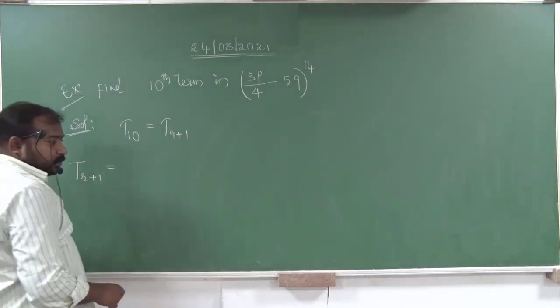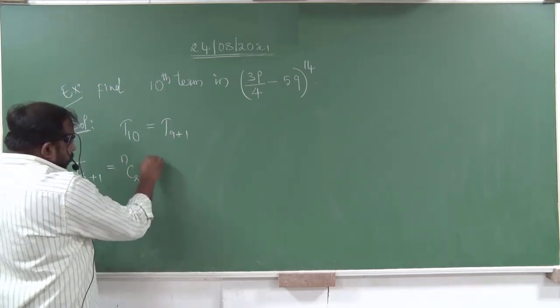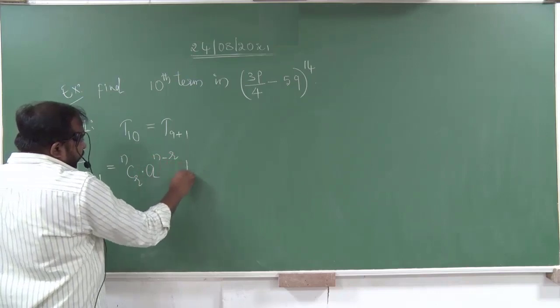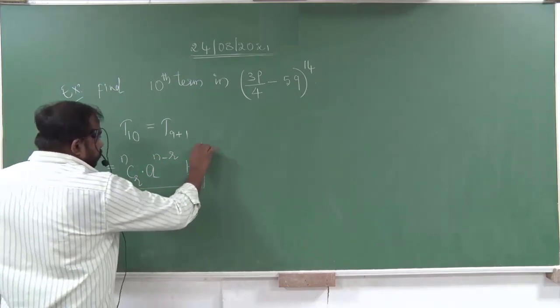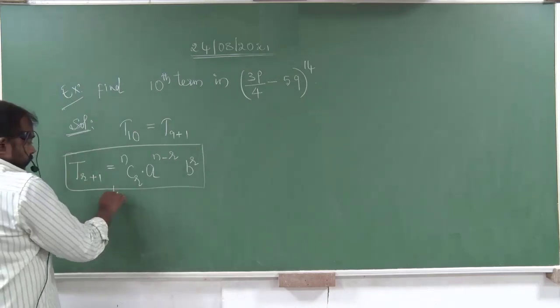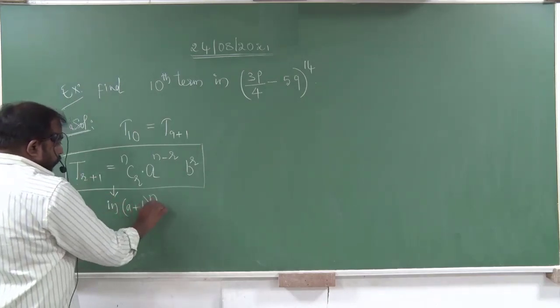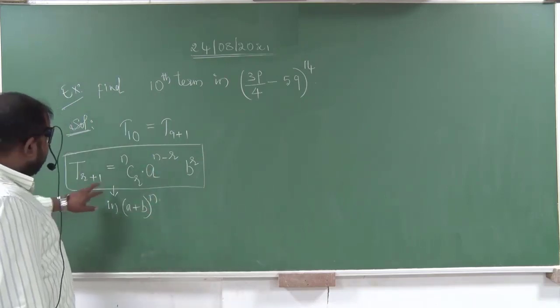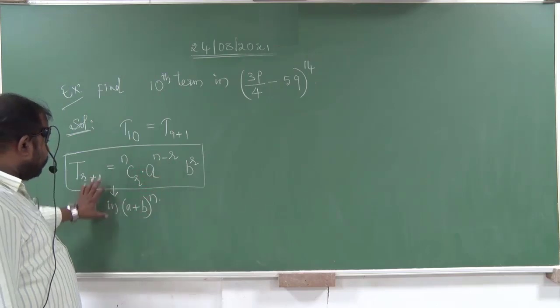What is the T(r+1) formula? nCr into a power n minus r into b power r. This is the general term in the expansion (a + b) whole power n. T(r+1) is equal to nCr a^(n-r) b^r.